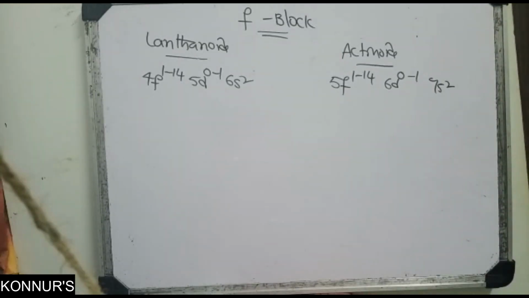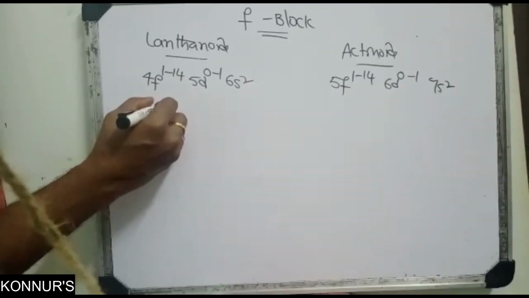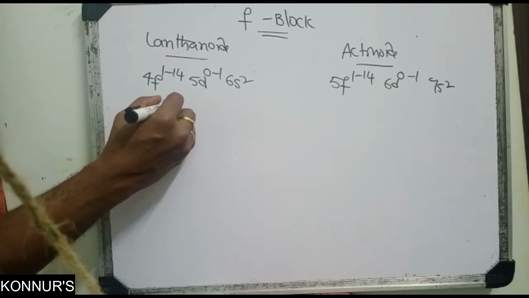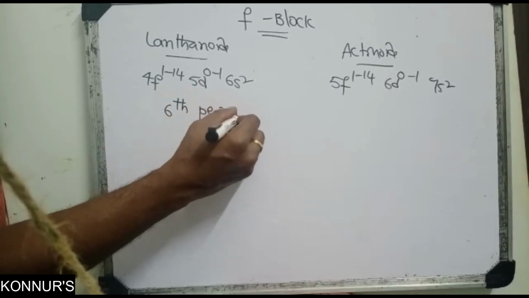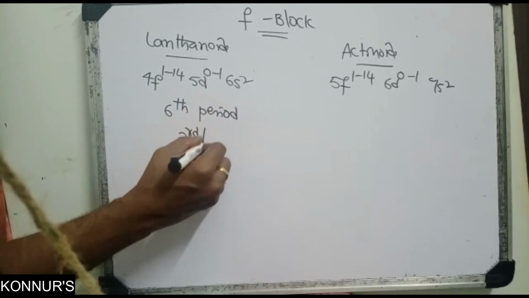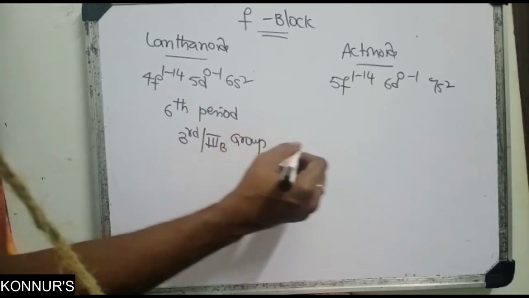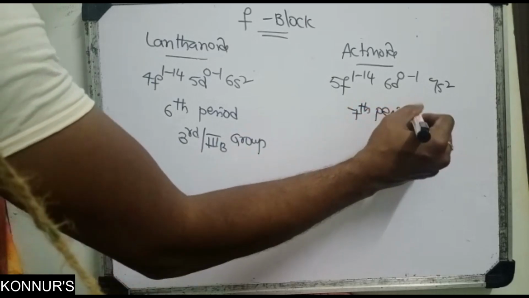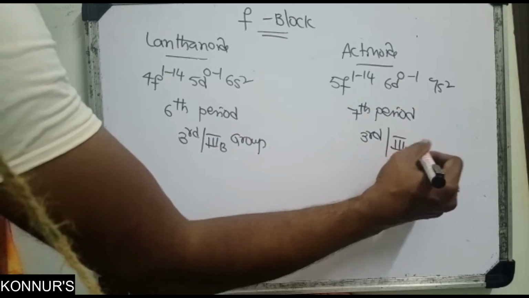So where is the position? These are present in the sixth period, third group, or Roman numeral third B group. Location: this is seventh period, third group, otherwise third B group.